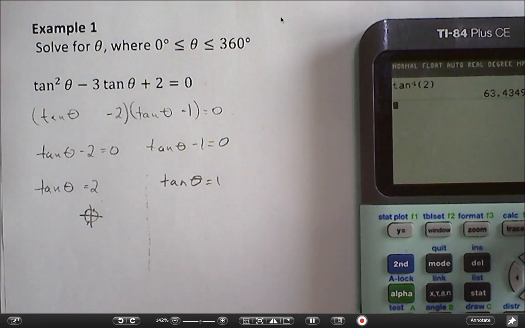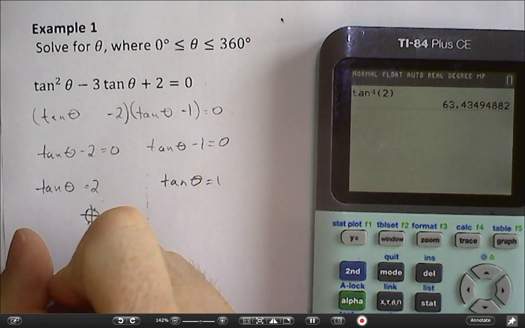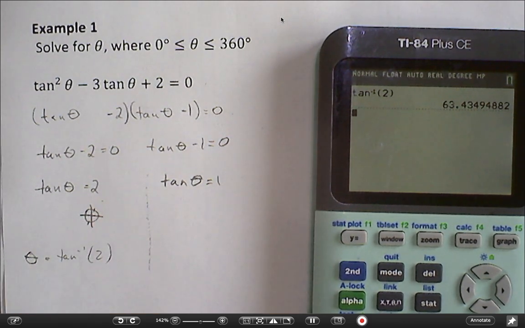So here's my output from the calculator that I used. I'm going to be solving for theta. Theta is going to be the inverse tan of 2. And the output from this gave me 63.435 degrees.